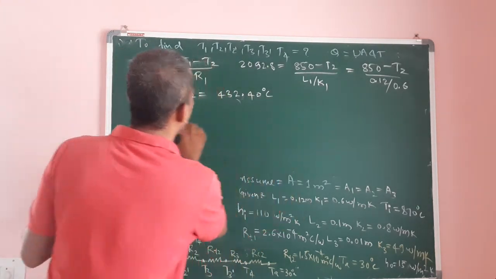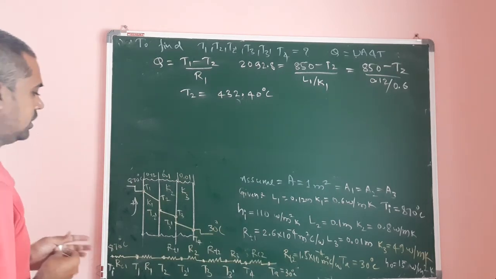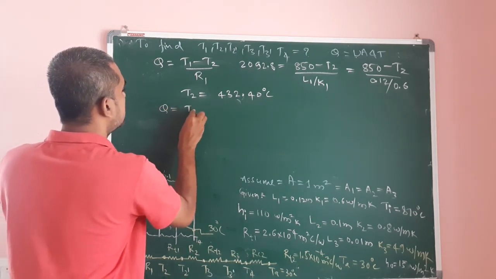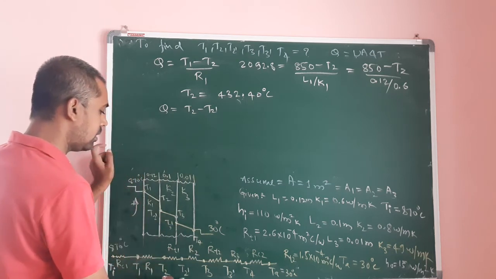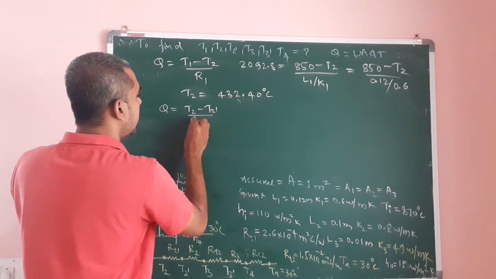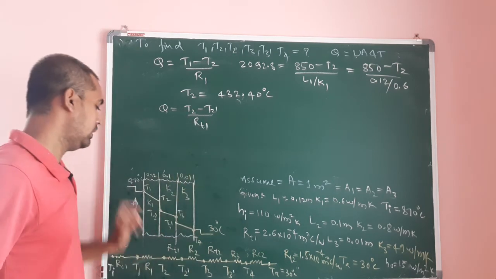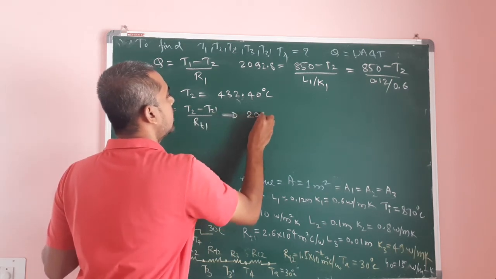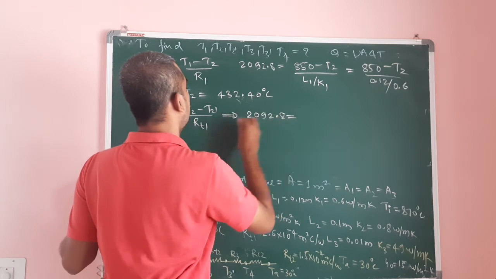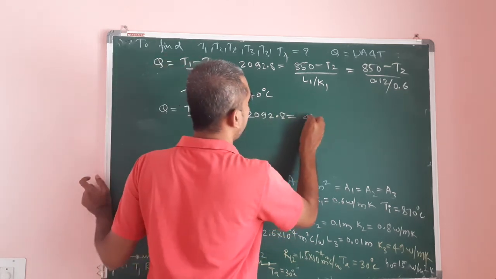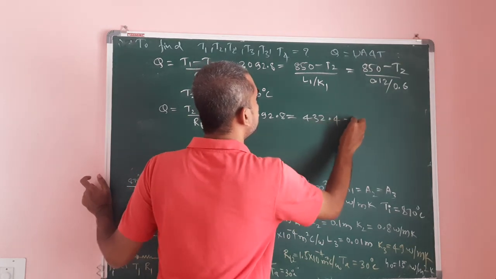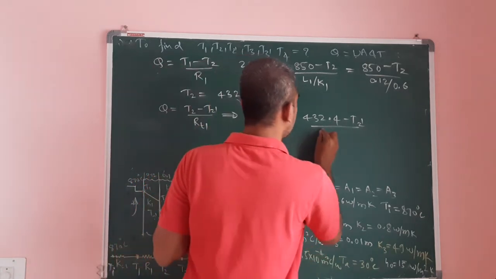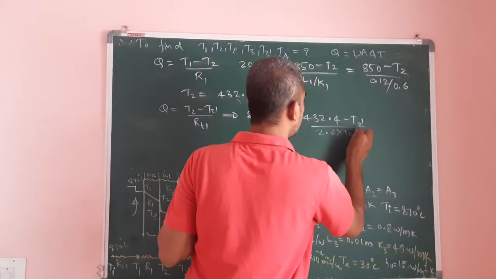In a similar way, I can calculate T2 dash. Q is equal to T2 minus T2 dash, divided by the thermal resistance between them, RT1. We know Q is 2092.8. It is equal to 432.4 minus T2 dash, divided by the thermal resistance, 2.6 into 10 raised to minus 4.